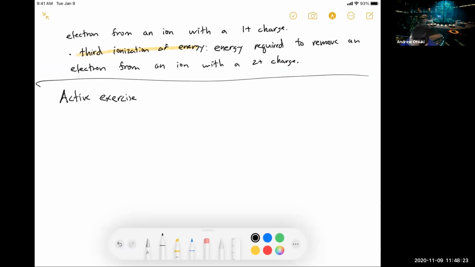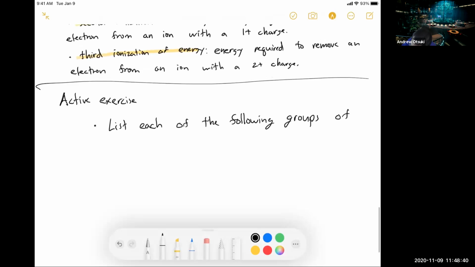I want you to list each of the following groups of elements in order of increasing first ionization energy.